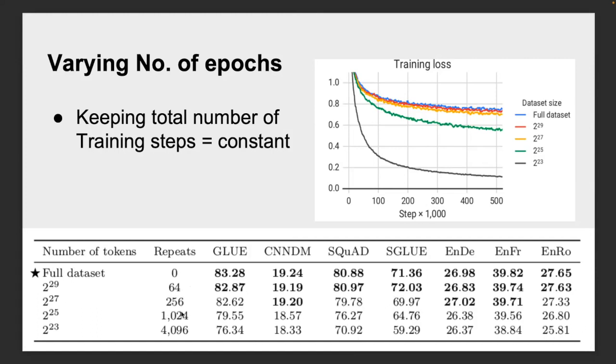So basically it means that lots of repetition does not do any good. It may overfit your pre-training data set, and it may harm the downstream task. So the best suggestion is to get a full data set, as much as you can. Repeating a few times is okay, but the more you repeat, the more harm it may do to the downstream task.